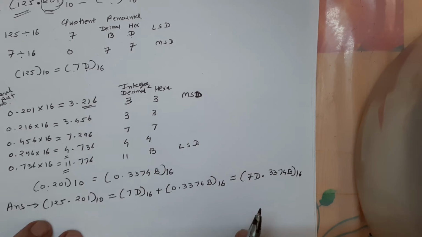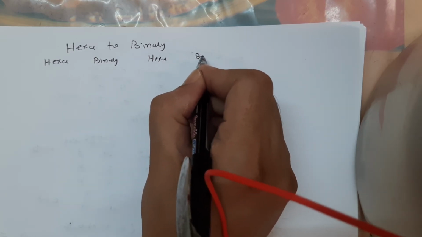Now the question is, how to convert a hexadecimal number to binary. Now again the question is, hexa to binary. How to convert this? Right? So we know that hexa and binary.